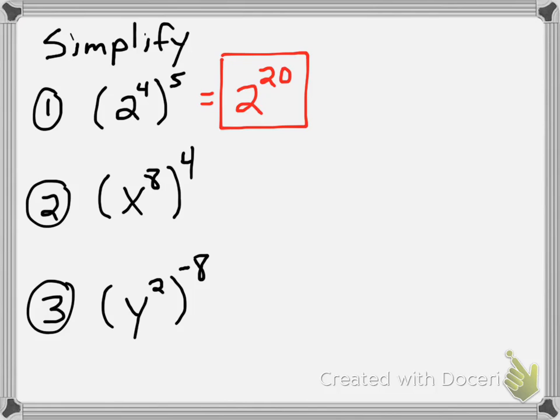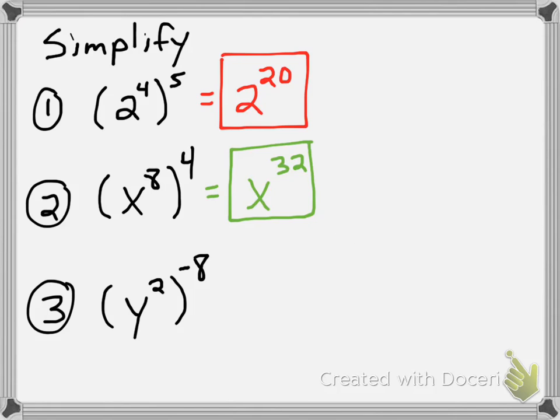I just wanted it as an exponent. Okay, the same thing here. I have x to the 8th raised to the 4th. So I need to do 8 times 4 to get my new exponent. So I get x to the 32nd power, because 8 times 4 is 32.